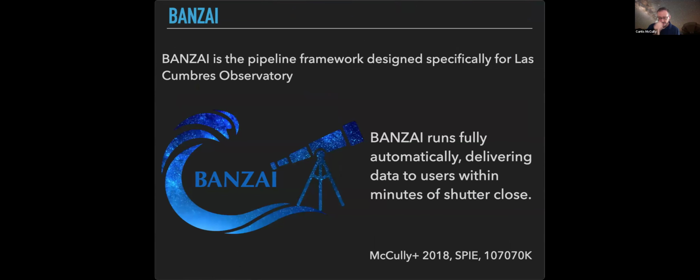And then BANZAI. BANZAI is the data pipeline framework that has been designed specifically for Las Cumbres Observatory. There's an SPIE paper on it from 2018 if you're interested, but this is the pipeline framework that has to handle all of the data that comes in for the entire network of telescopes. So we have something like 25 imagers, 6 spectrographs, and all of that data has to get funneled through the BANZAI pipeline.